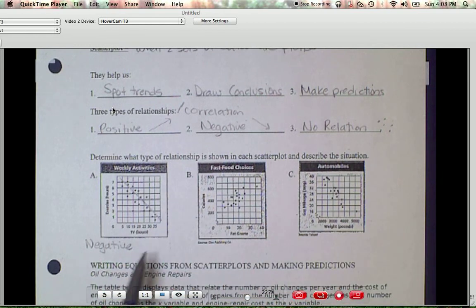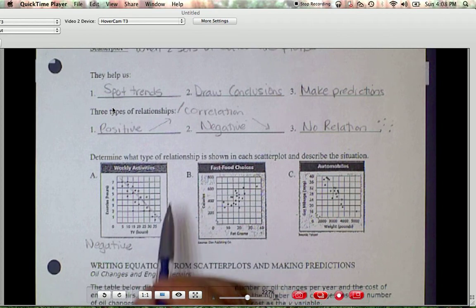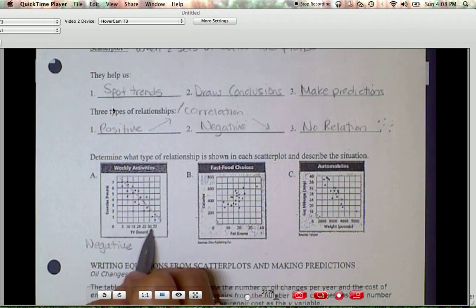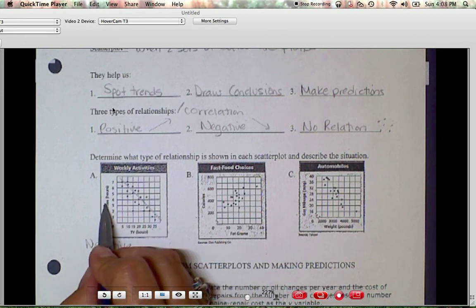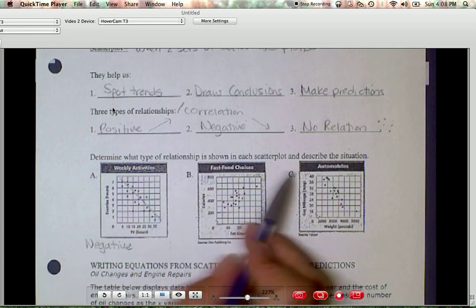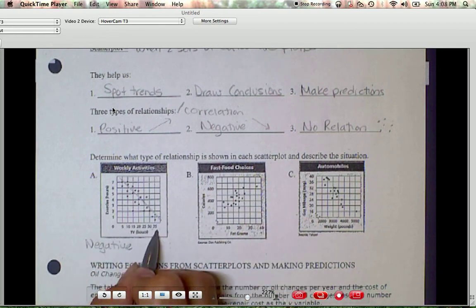Determine what type of relationship is shown and describe the situation. When you're describing the situation, we want to talk about what's called the independent variable first, which is always on the x-axis. The independent variable, I think you've learned in science, is the thing that we think is causing the dependent variable. But when you're discussing a relationship, you want to start with the independent variable, or the x first, which makes sense.